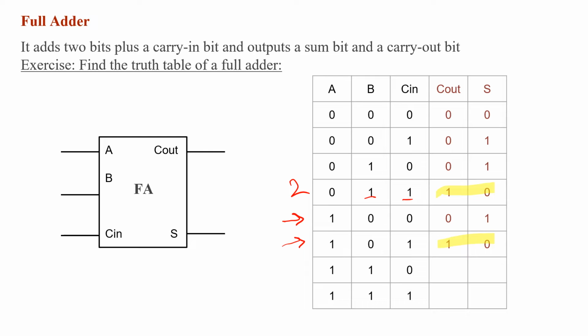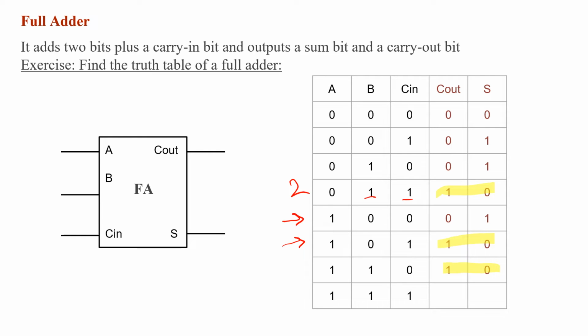We had 2 ones at the input, so the summation resulted in 0 with 1 carry out. Next we also have 2 ones at the input, so 1 plus 1 plus 0 is 2, so the result will also be 0 for S and 1 for the carry out.